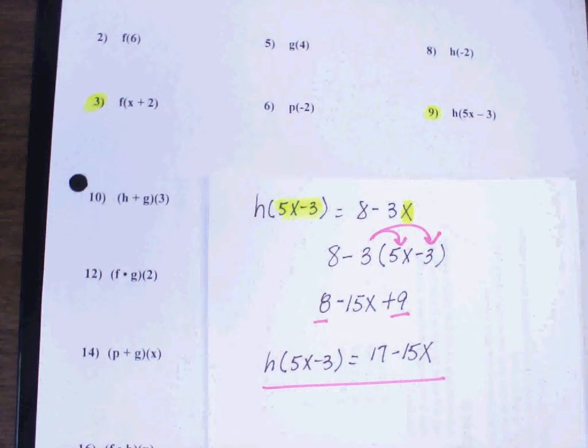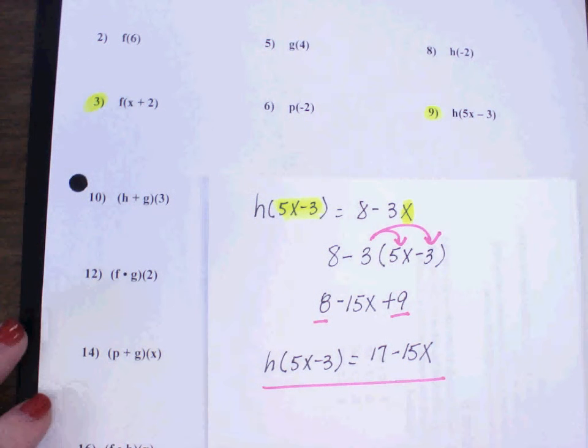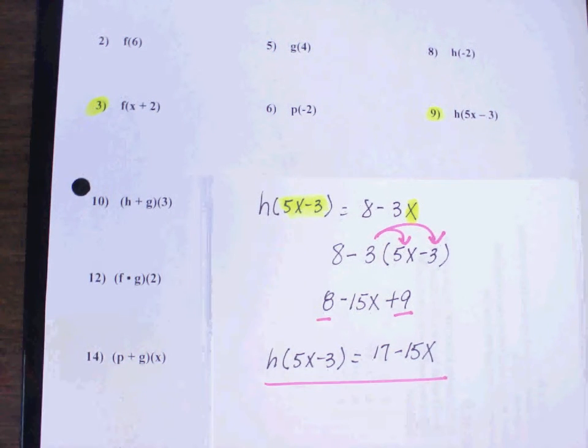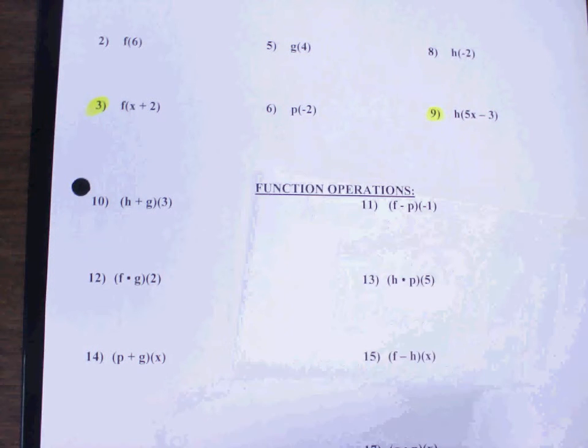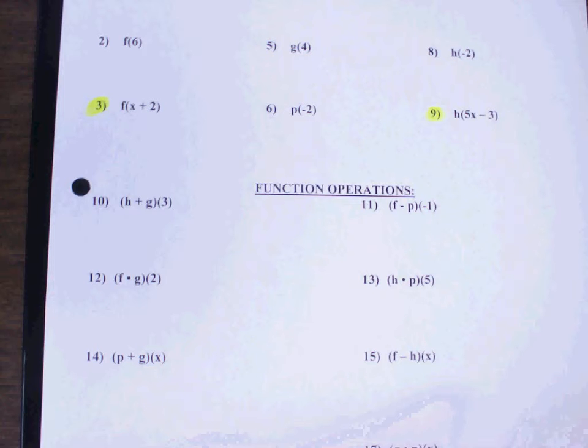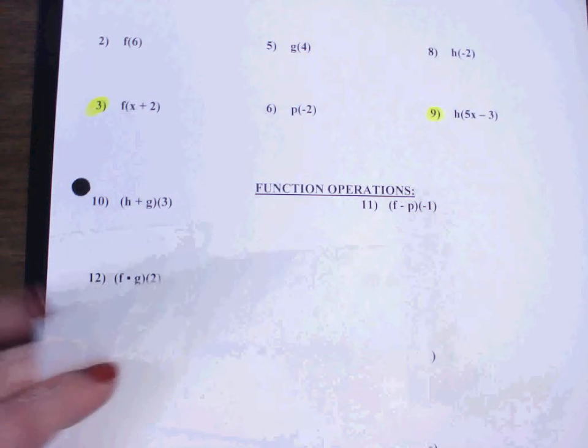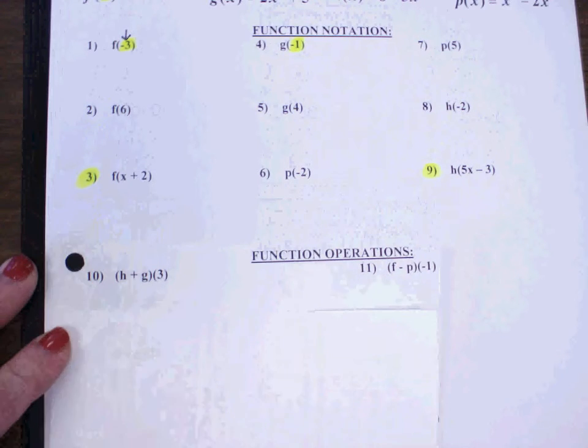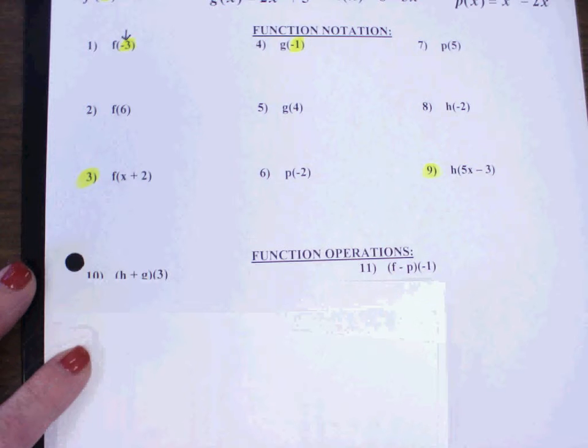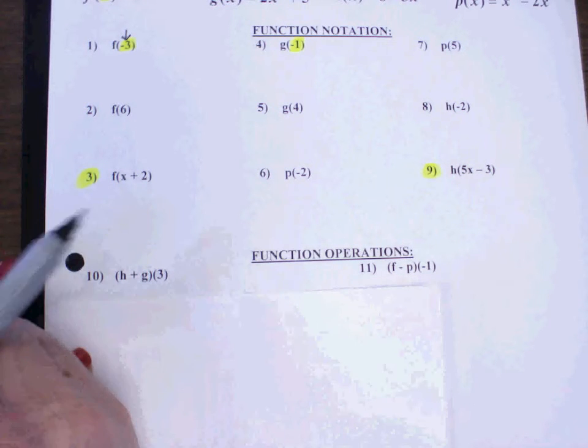All right, what's different about number 10? I got two functions, and what do I have to do with those two functions? I got to add them. Very good. So I got to add those functions. And then what would the 3 be? The x. That little number is always what goes inside x. So this is like your f, and that would be your x.